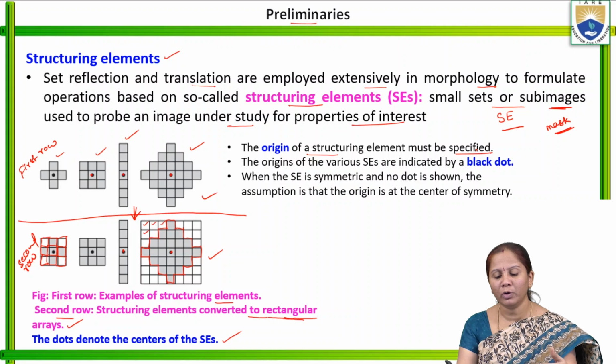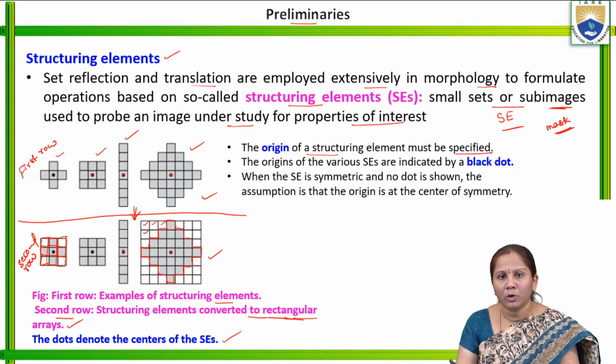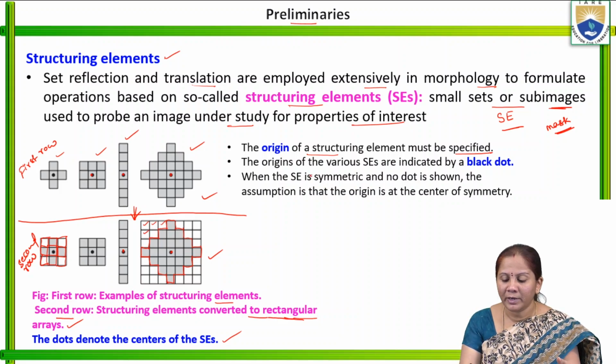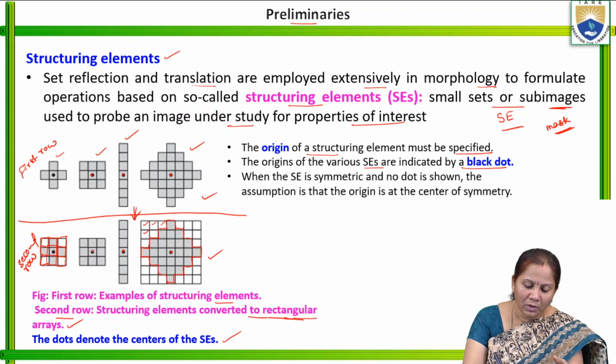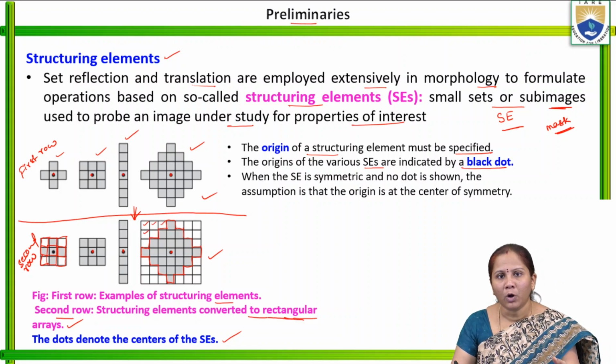Compulsorily, before applying the structuring element on the image, the origin, the dot, must be specified in the structuring element. The origin of various structuring elements is indicated by a black dot. Here we can observe all these are indicated with black dots. They are called the origin of the structuring element.